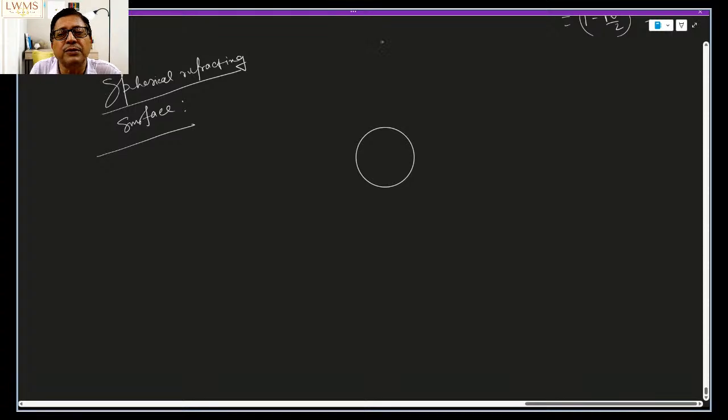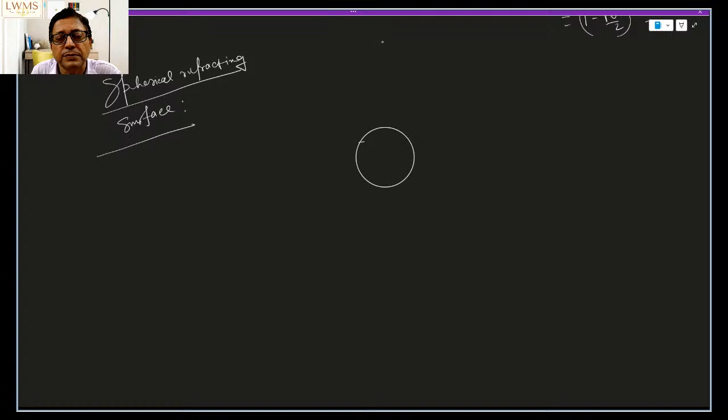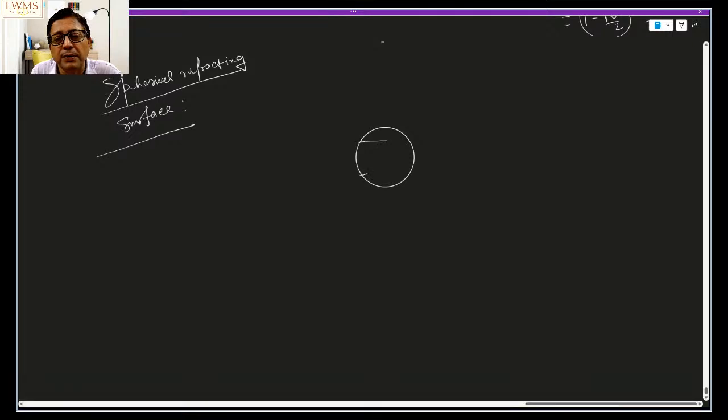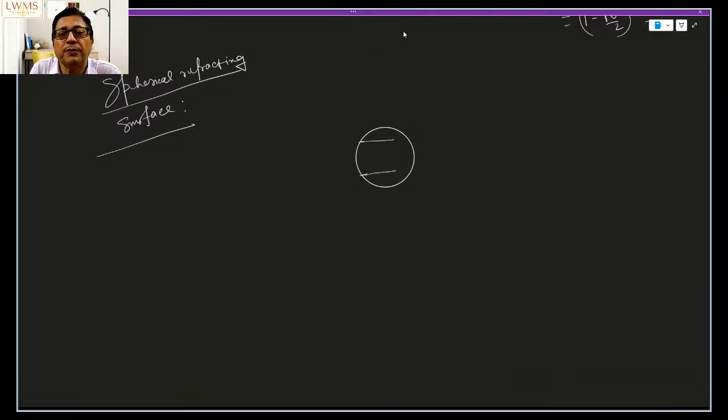It is a surface, no? You can take this portion. Which one? This portion you can cut out. Suppose it is a part of a large sphere. Then you got a refracting surface like this. This portion you take out from the glass sphere.